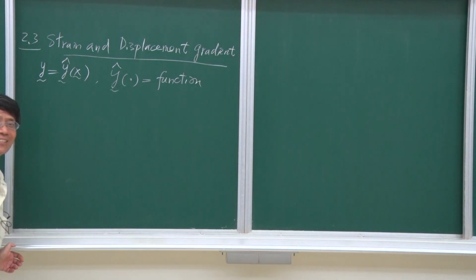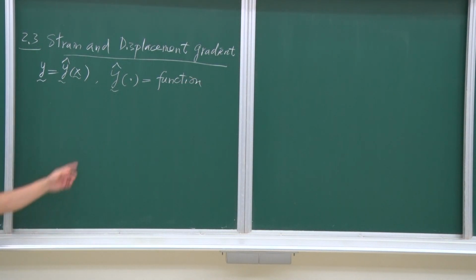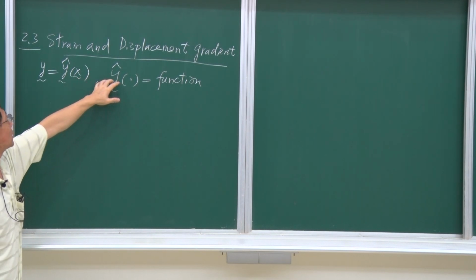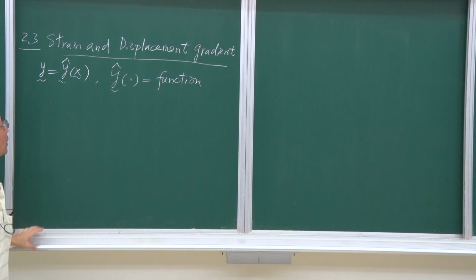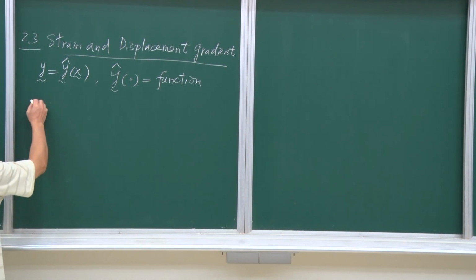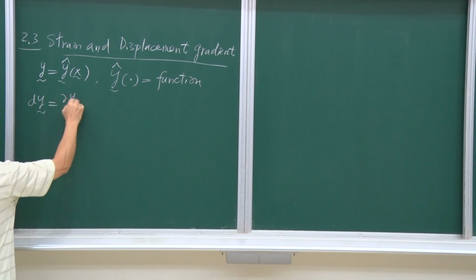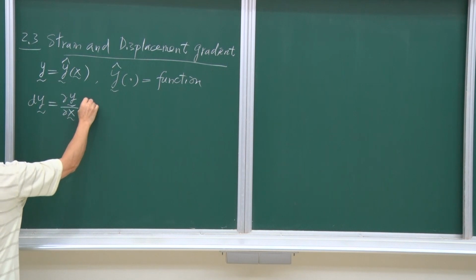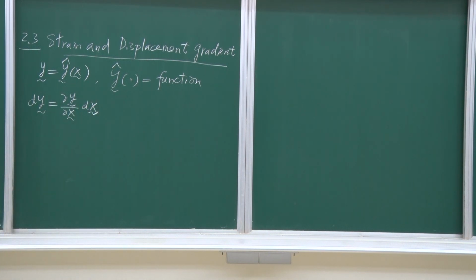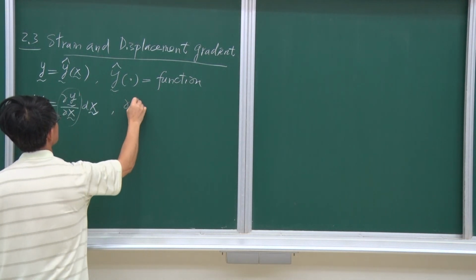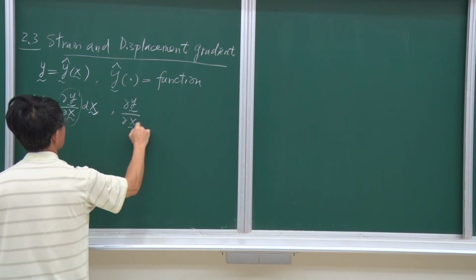We just want to use this symbol to remind you this one is different from this one. And also we can take the gradient. This is called the gradient. This is called the deformation gradient.